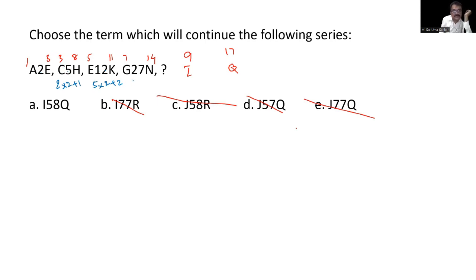Now this digit, 12 into 2 plus 3. And what is the next one? 27 into 2 plus 4. So 27 into 2, 54 plus 4, that is equal to 58. So what is the answer? 58, which is the required answer.